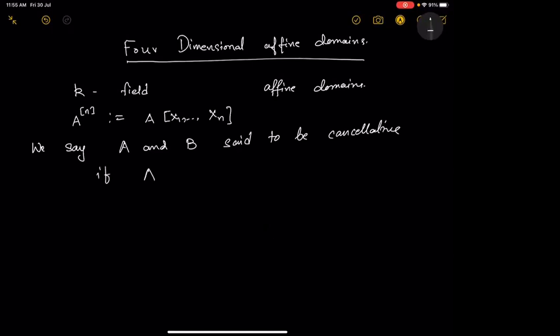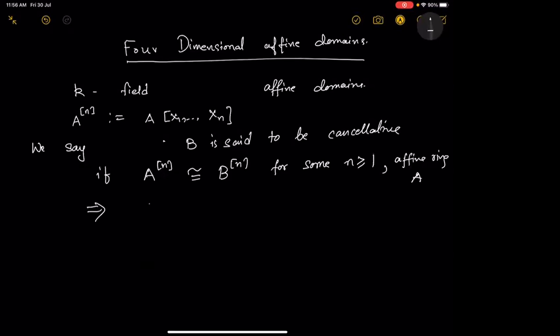Let me put it better: a ring B is said to be cancellative if A^[n] is isomorphic to B^[n] for some integer n greater than or equal to 1 and an affine ring A implies A is isomorphic to B. If this is the condition, then we say the ring B is cancellative.